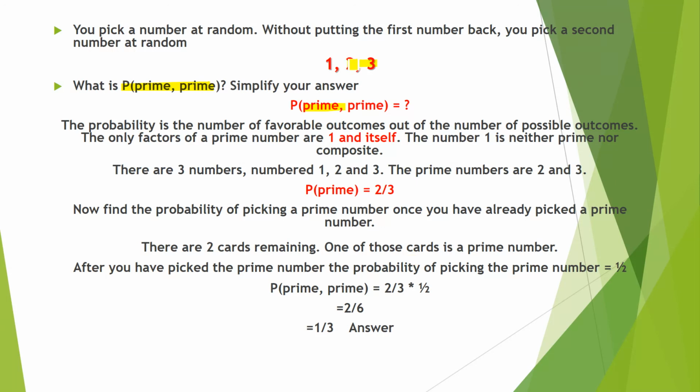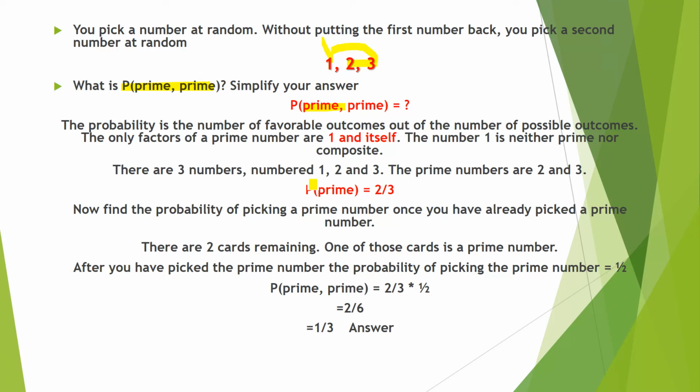Suppose you have picked 2, now you have the two numbers 1 and 3 left, and out of these two only 3 is a prime number. So our second part is 1 by 2, because two numbers are left and there is only one prime number.